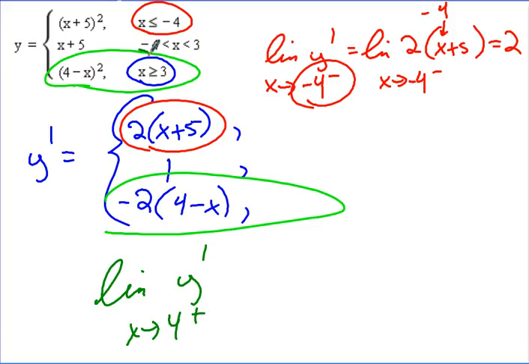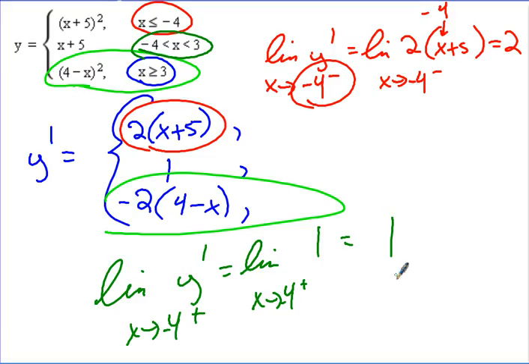This is the middle function, where the ant is walking when x is greater than -4. We're just taking the limit of this y prime. The limit of 1 is always 1 regardless of what x value, so I get an answer of 1.